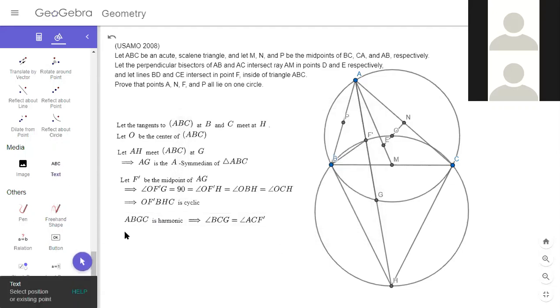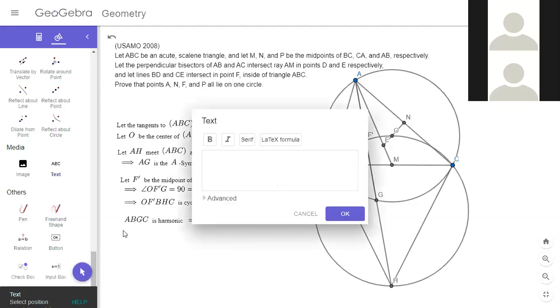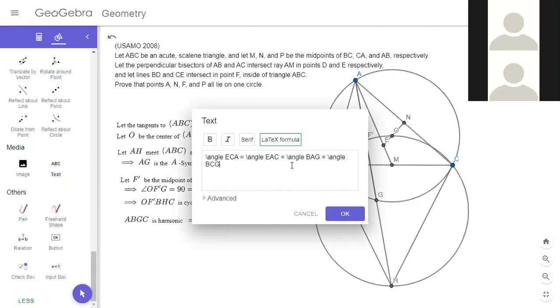And so therefore we can do an angle chase, and we have angle ECA is equal to angle EAC is equal to angle BAG is equal to angle BCG is equal to angle F prime CA. So that means C, E, and F prime are collinear.